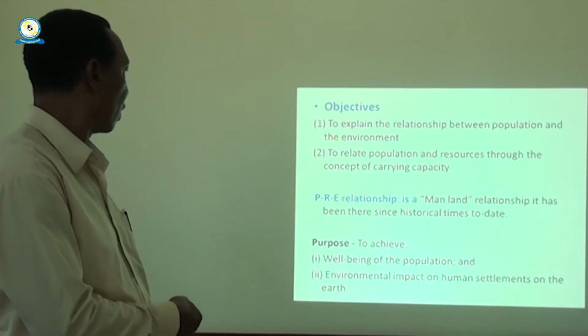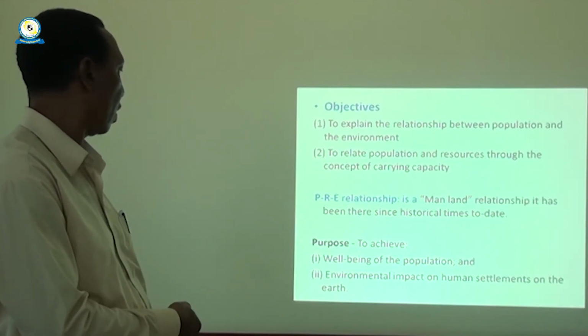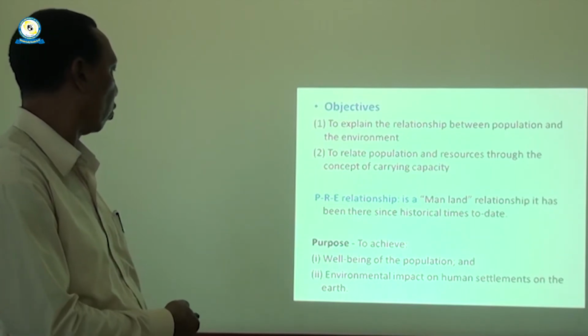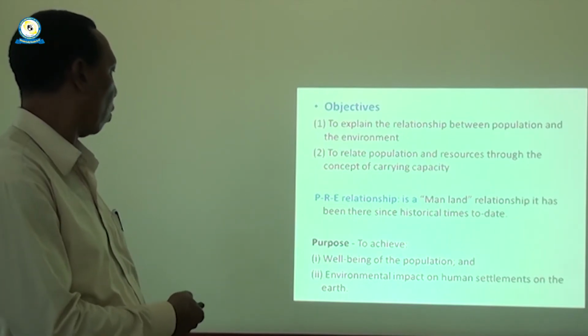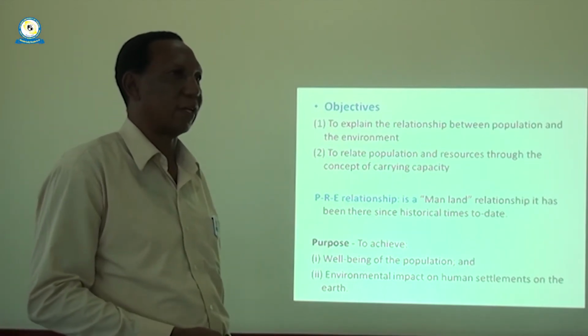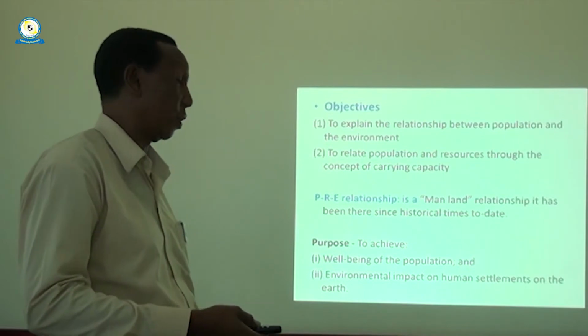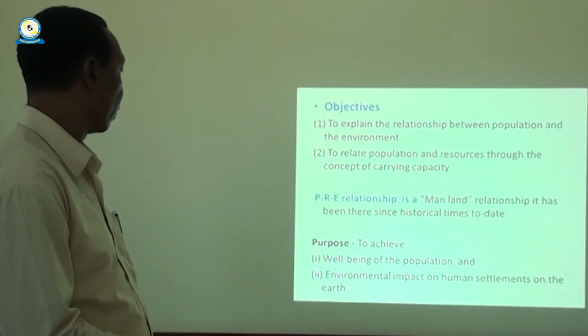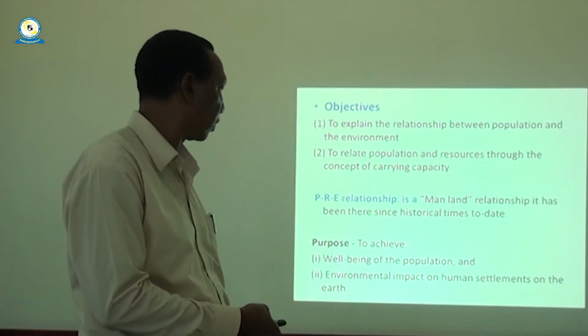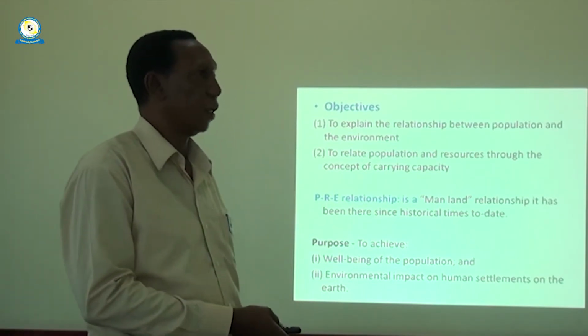Now, the purpose here is to see how man is always trying to achieve well-being of the population in terms of health, economically, politically, and so on. But also, the concern here is to assess the environmental impact of human settlement on the earth.